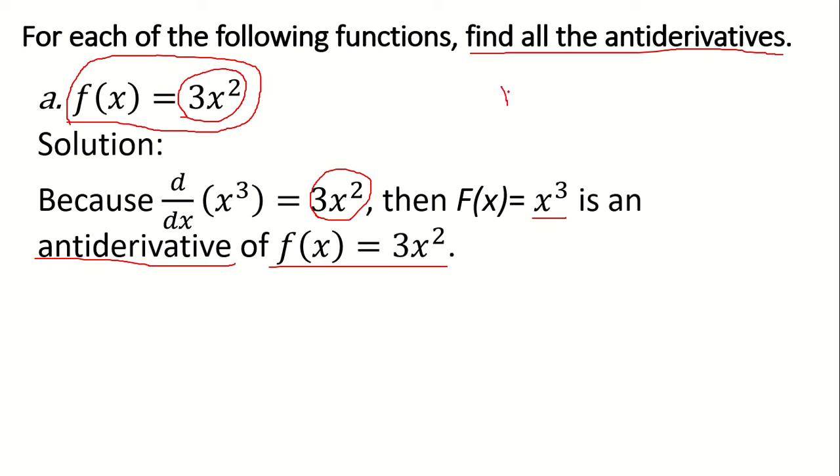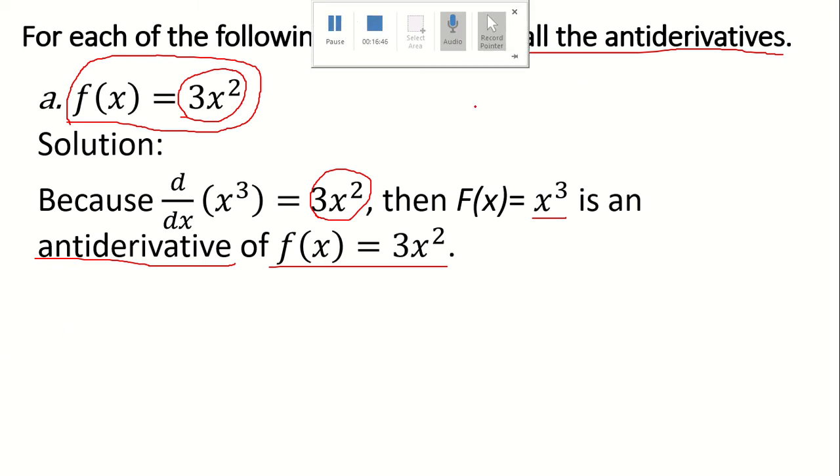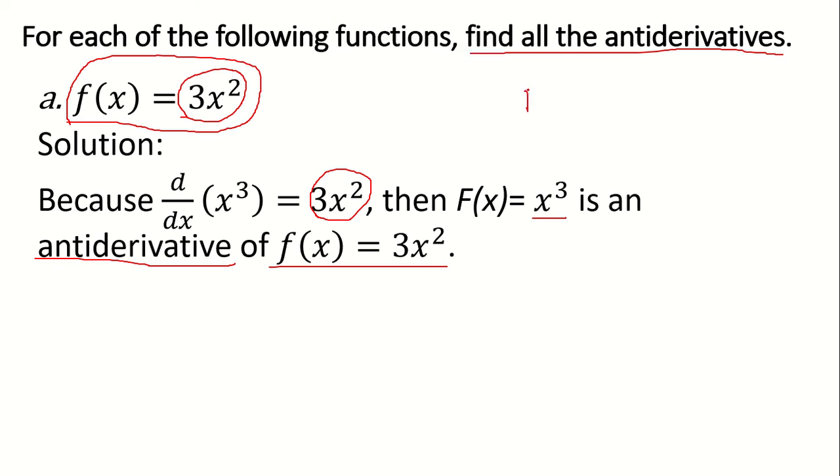So try natin. Capital F of x is equal to x cubed. For us to say that capital F of x is an antiderivative of small f of x, we should get 3x squared when we differentiate capital F of x. So ngayon kukunin natin yung derivative nito.